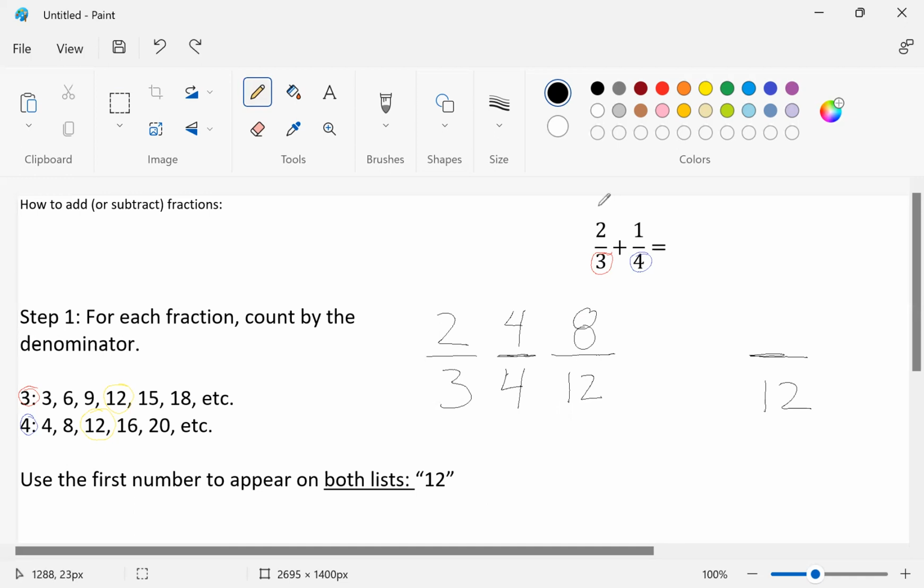So now when I'm adding the fraction 2/3 in this problem, I'm actually going to use an equivalent fraction, 8/12. Now doing the same thing for 1/4. How does 1/4 become something out of 12?